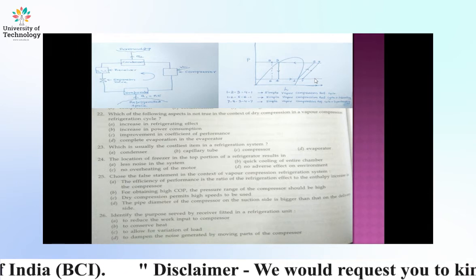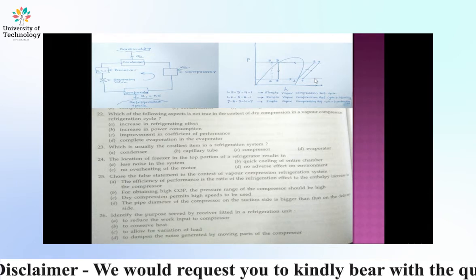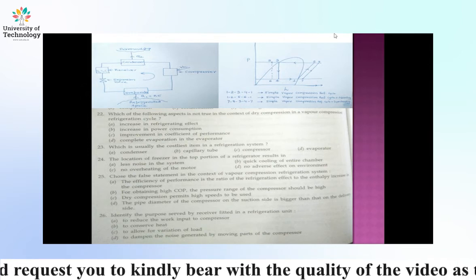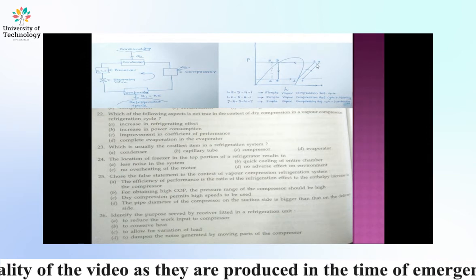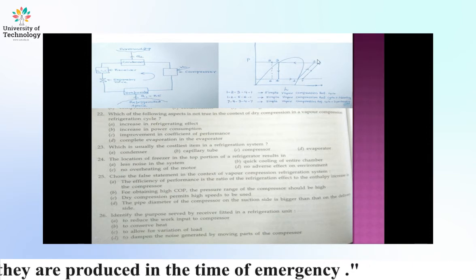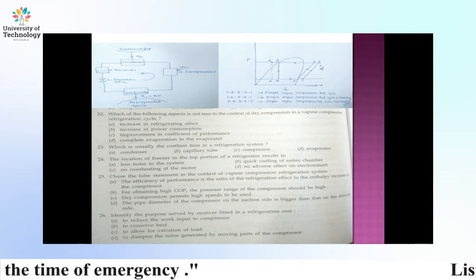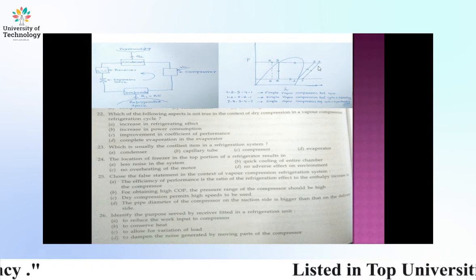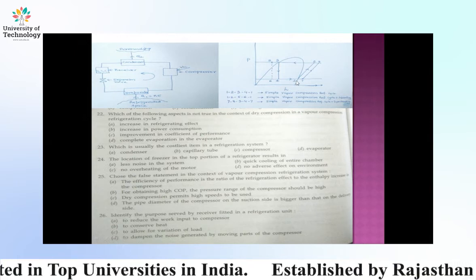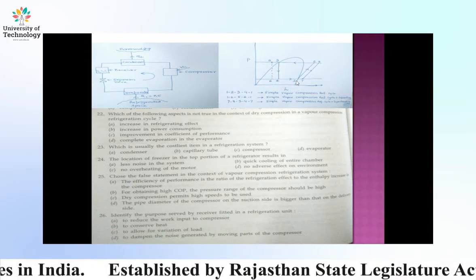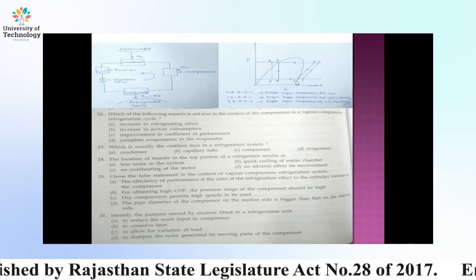Increase in power consumption. In the previous class, we discussed that 7 to 8 is flatter as compared to 1 to 2. Therefore, H8 minus H7 is greater than H2 minus H1. If there is totally dry compression, the compression work is high and the refrigerating effect is also high.